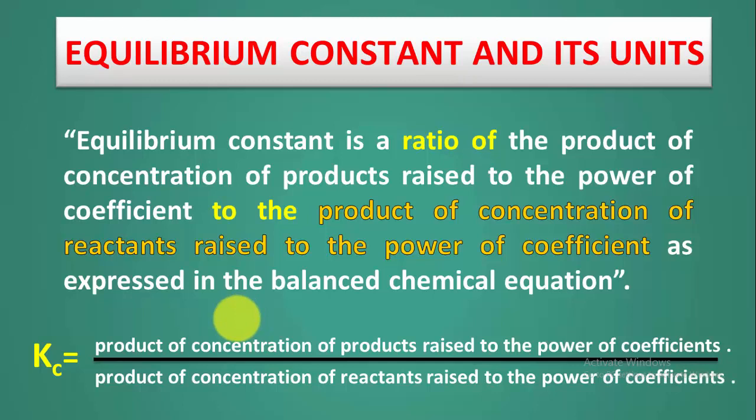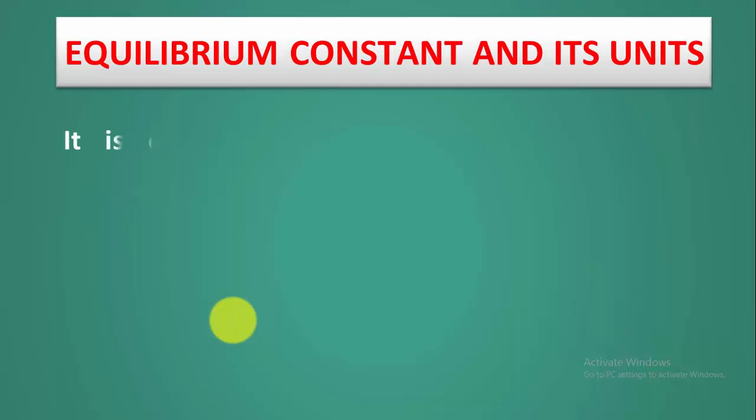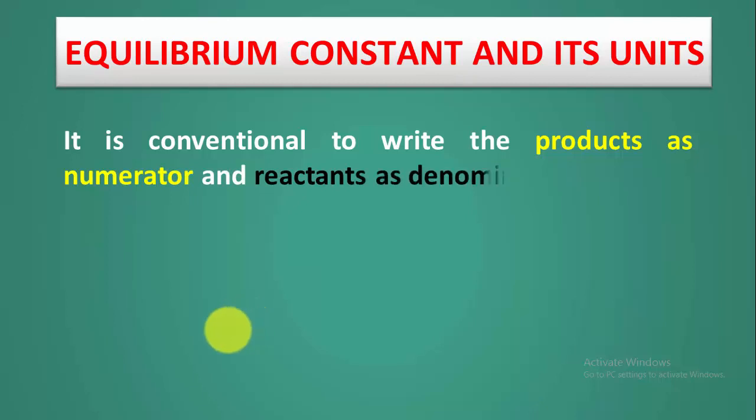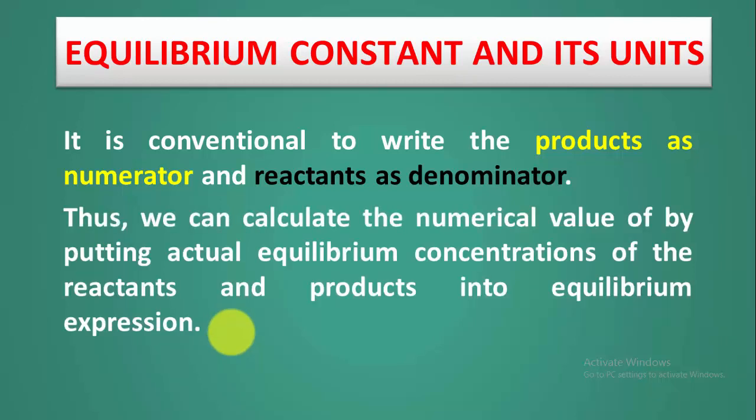when we express it in a balanced chemical equation. So dear students, it is conventional to write products in numerator and reactants in denominator. So when we calculate the numerical value of the Kc equilibrium constant expression, we put the actual equilibrium concentration values in the Kc expression.